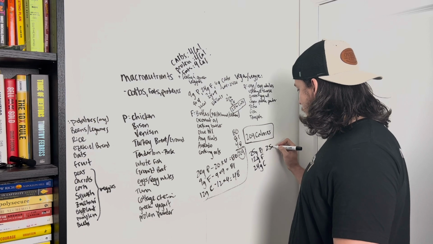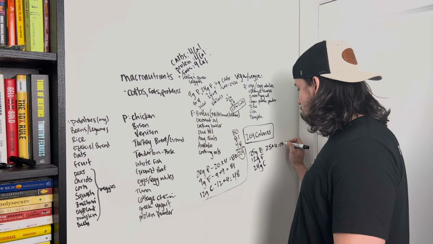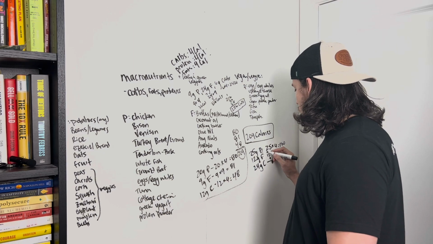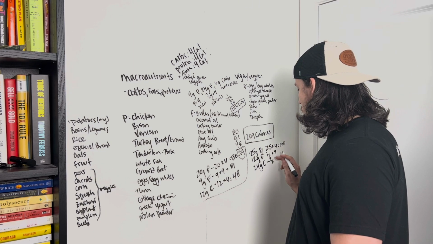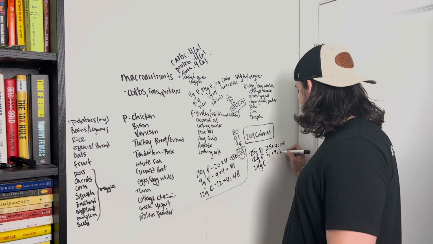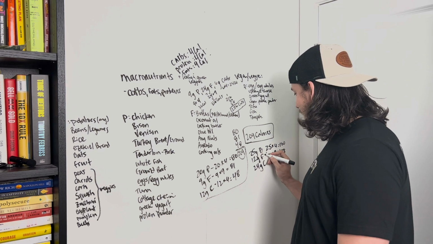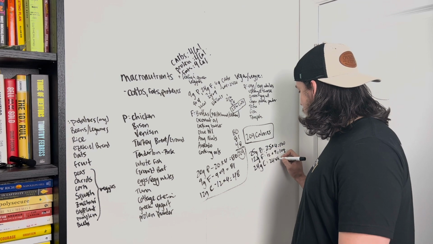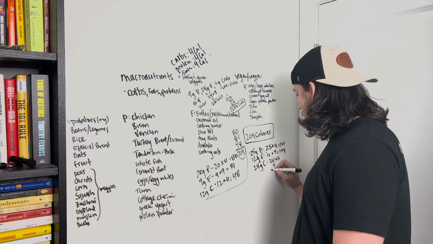So 25 times 4 is 100. 12 times 9 equals 108. I can't speak today. And then 24 times 4, okay, we do that multiplication out.